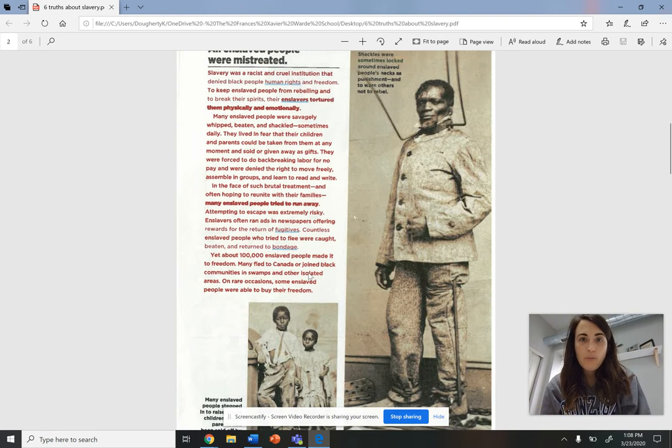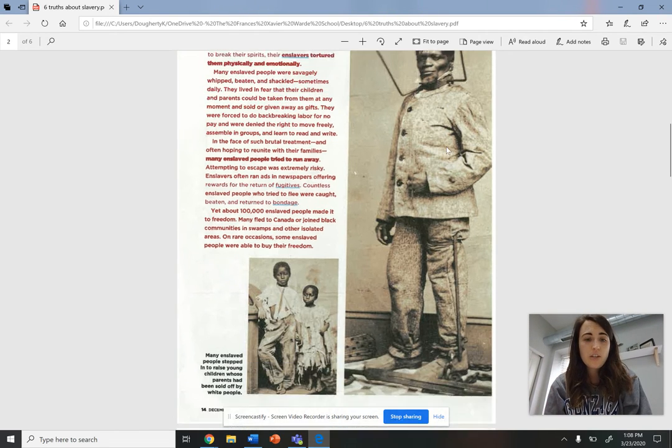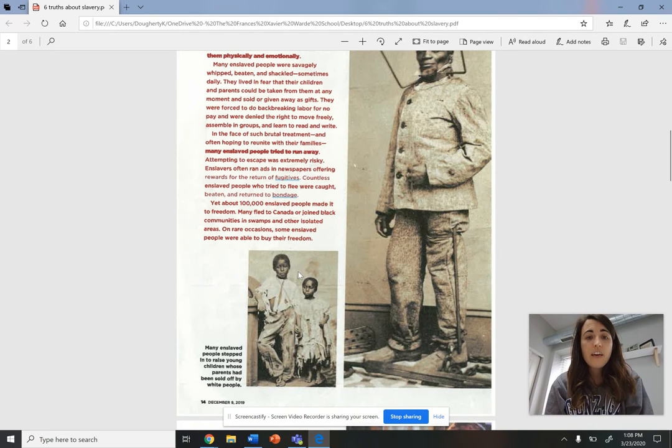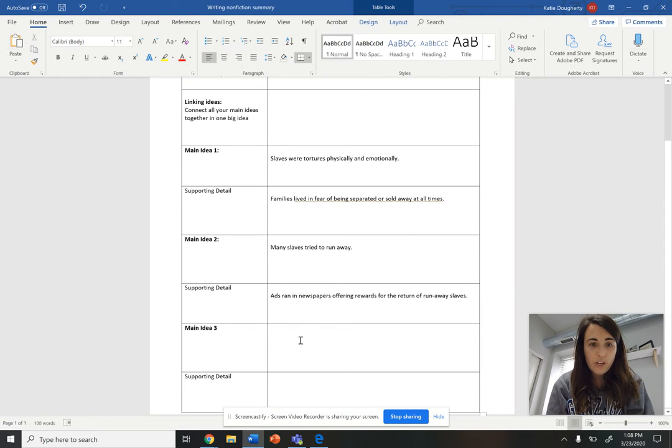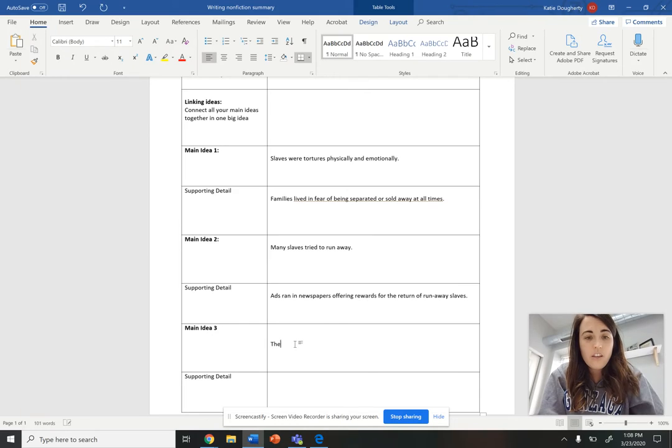And yesterday, I went over this, so I remember that this picture here shows the intensity of a punishment, the seriousness that they took slaves running away, even harsher by actually tackling them and using them as an example. And I learned here that if slaves did make it to freedom, families stepped up and raised children if they were separated. So what I'm going to write here is some slaves made it to freedom.